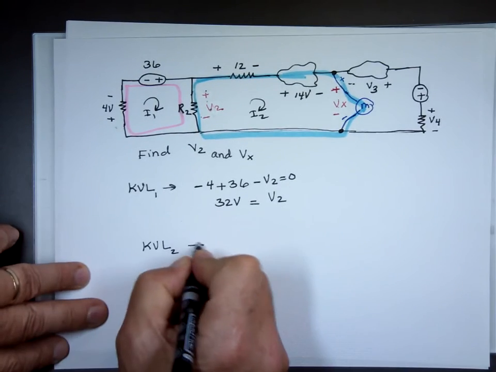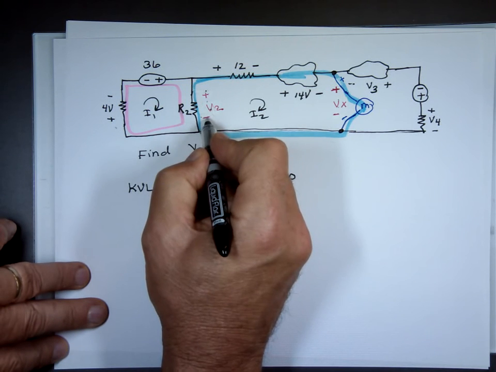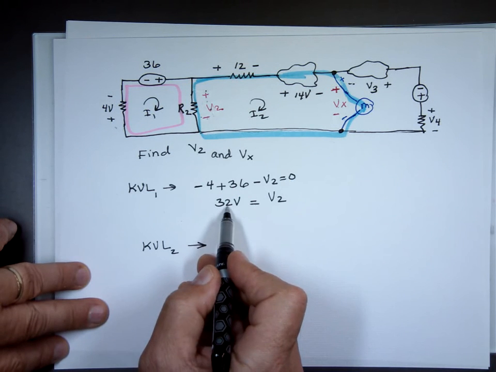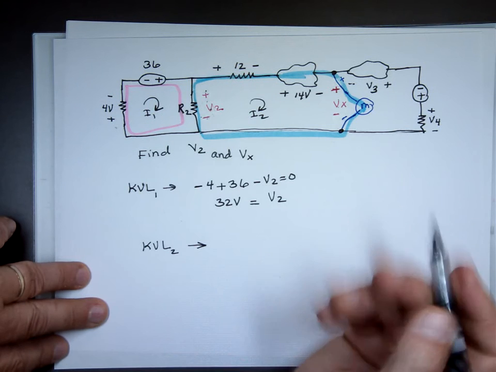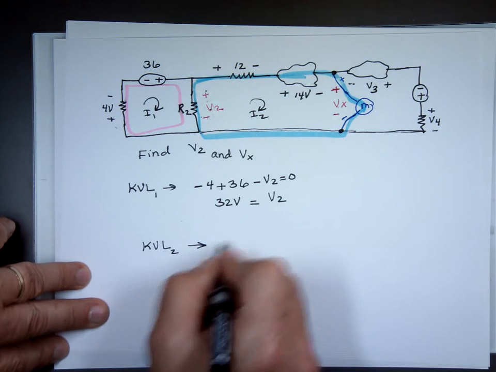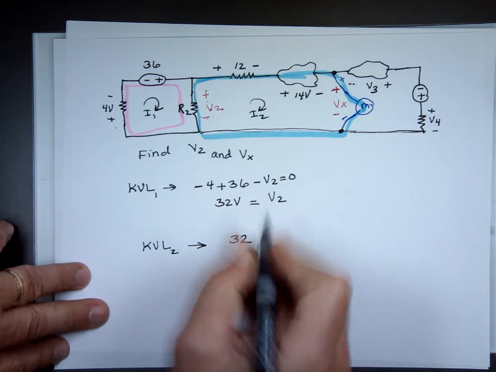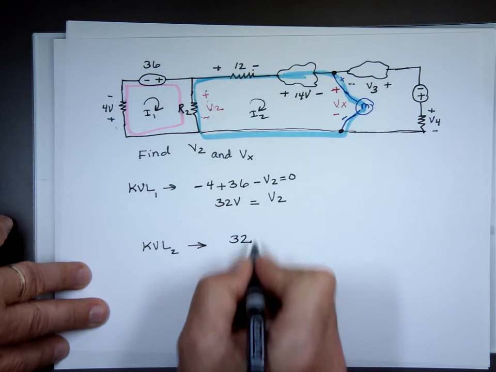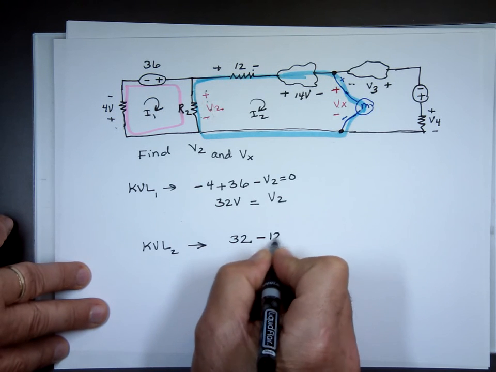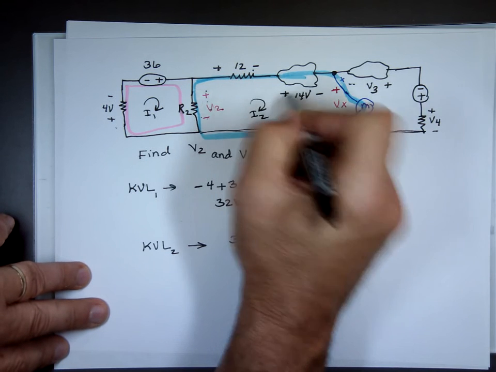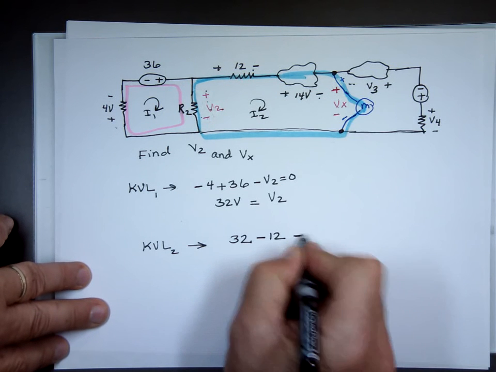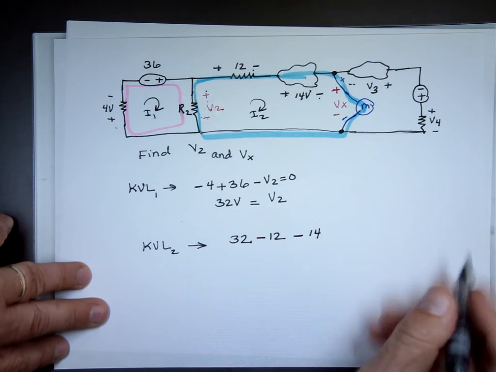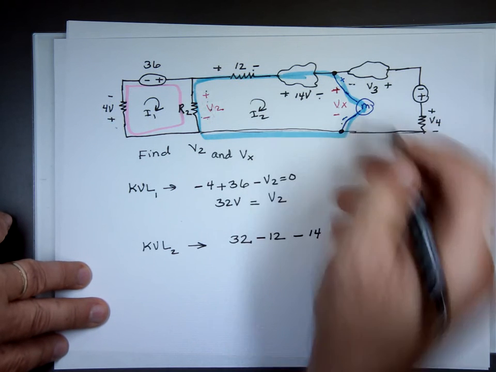Let's begin with this. That's minus to plus, 32 volts, right? Minus to plus, we use positive 32. Plus to minus, we use negative 12. Plus to minus, we use a negative 14. Plus to minus, we use negative Vx.